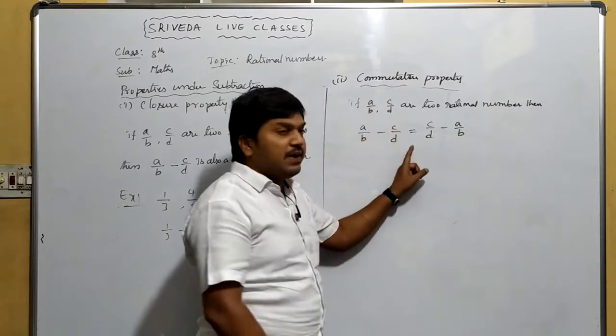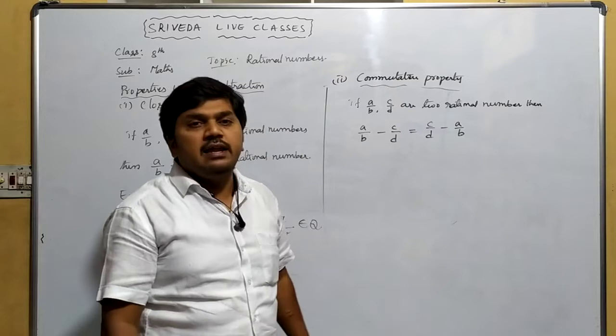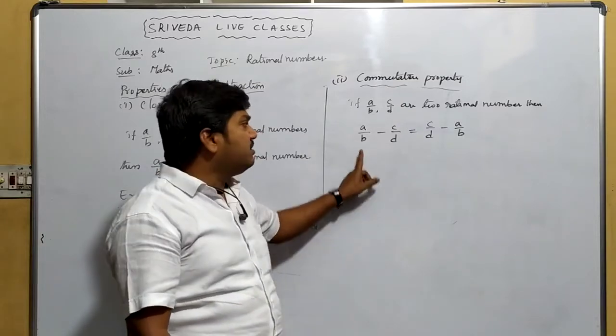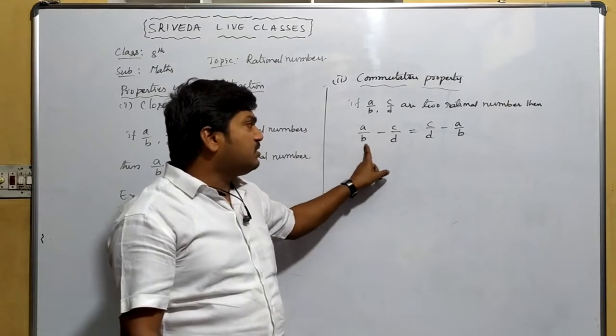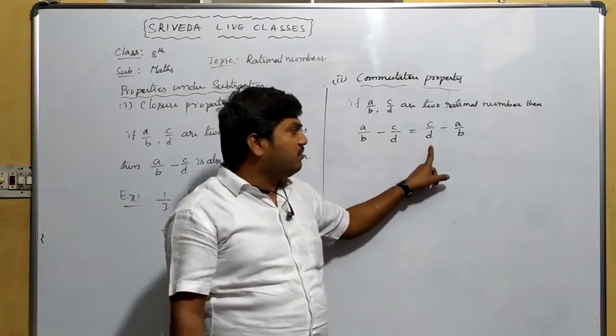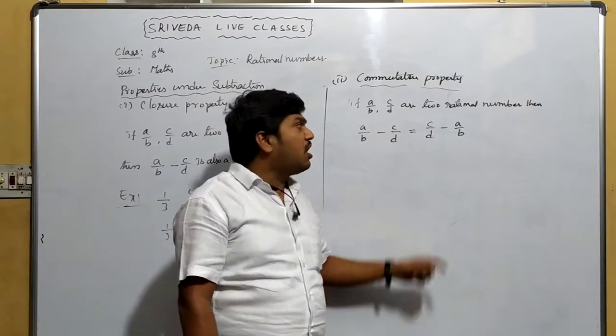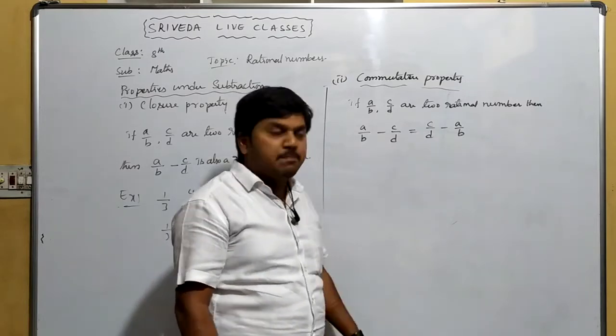If it is satisfied, then we can say it is the commutative property under subtraction. That is, first one minus second one equals second one minus first one.